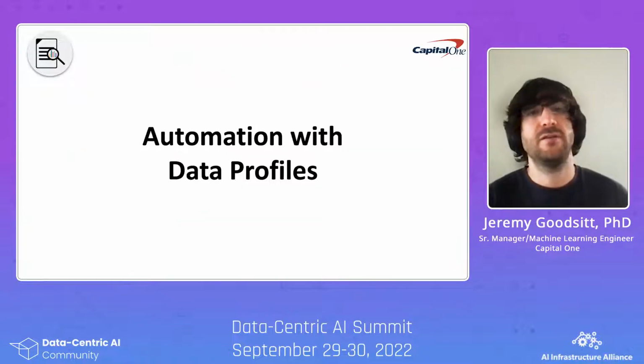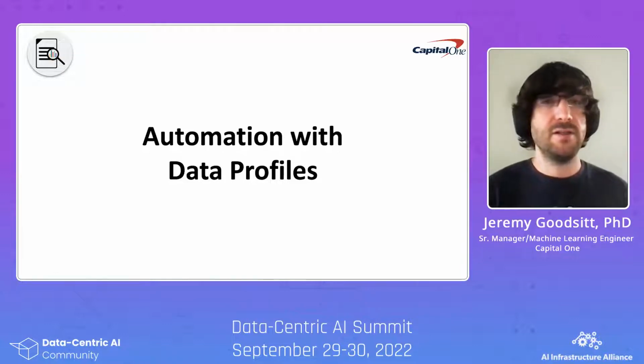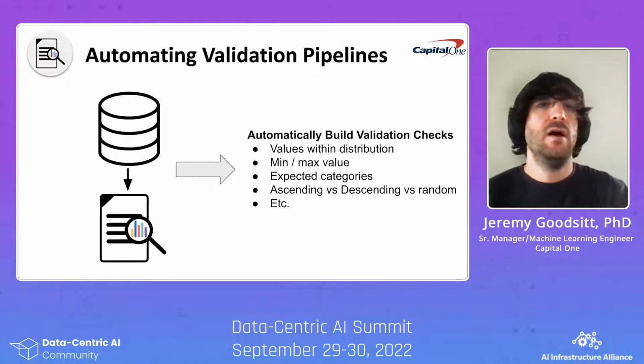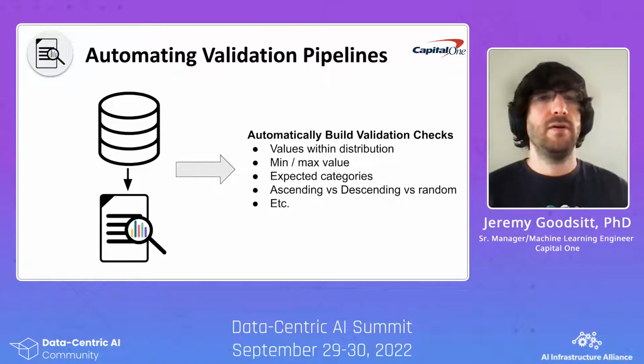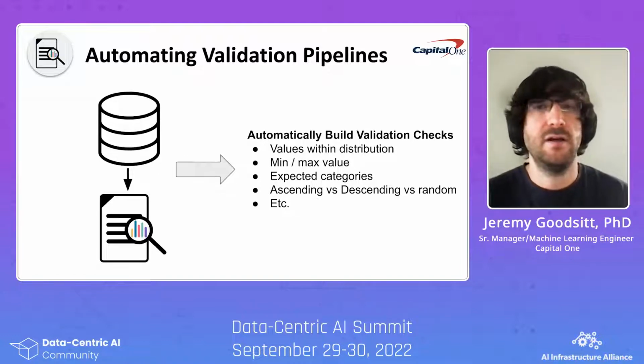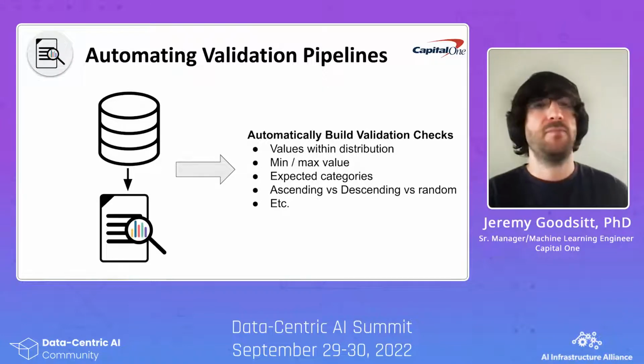Naturally, the next progression of data profiles, and I've tried to touch on this multiple times already, which is automating these use cases. And so we talked about before where data profiles can help us design our own validation checks. We can take these profiles to look at different aspects of it.